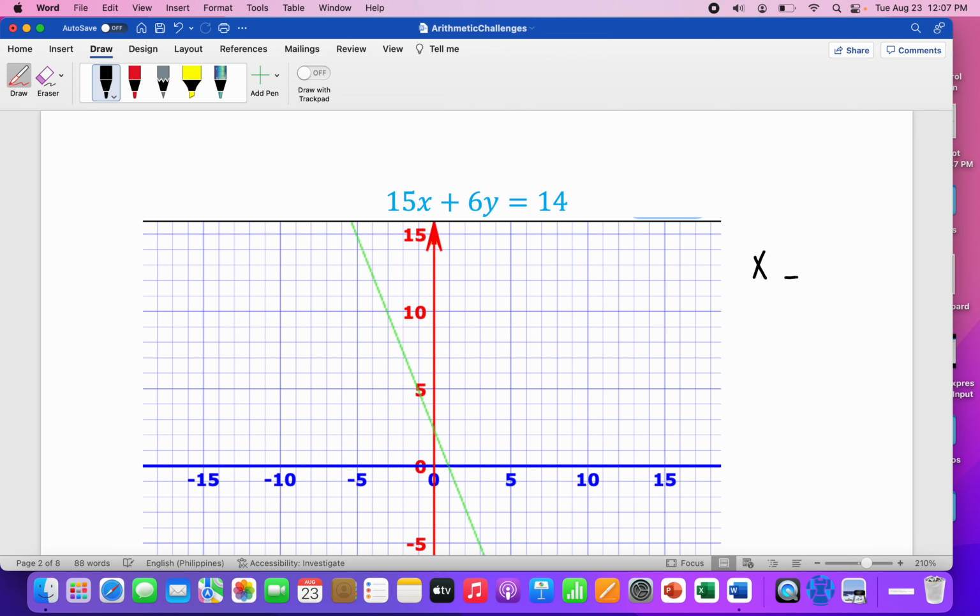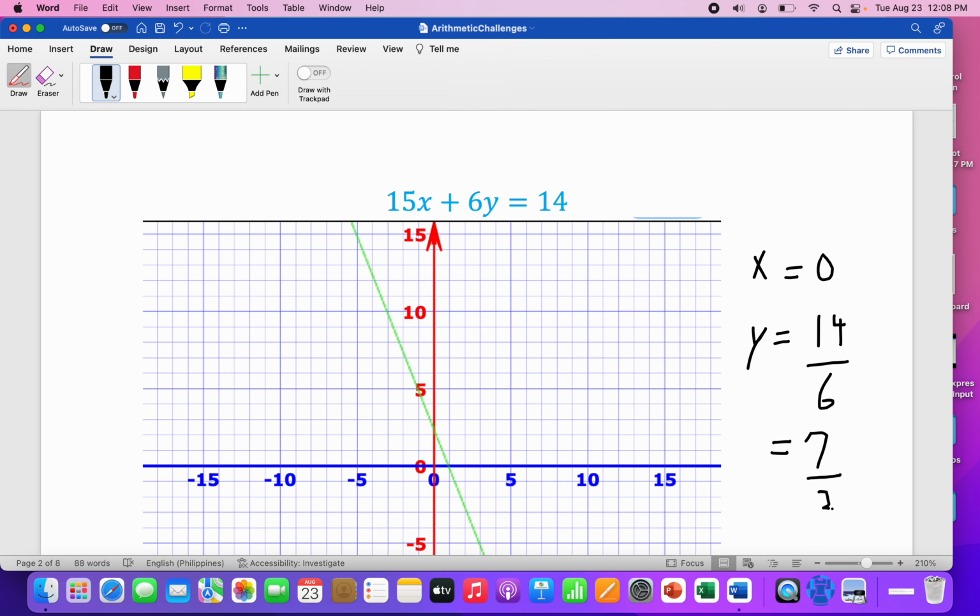So x equals 0 implies that y is equal to 14 over 6, and that's equal to 7 over 3. So 7 over 3 is 2 1/3.